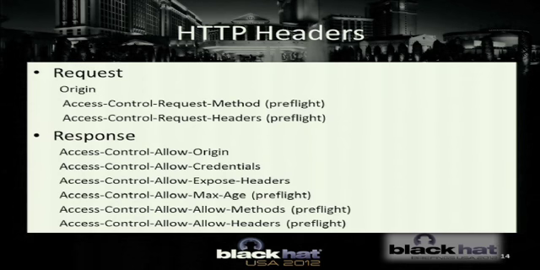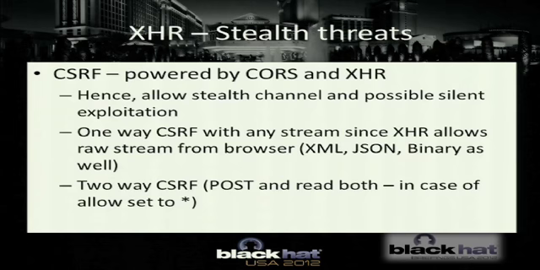The request will control the origin, like we have a referrer. Now we have one more header called Origin, which specifies where I'm coming from, and based on that, the server will decide whether to allow this call to go through or not. Then the response comes back, and the browser takes a decision on the basis of that.